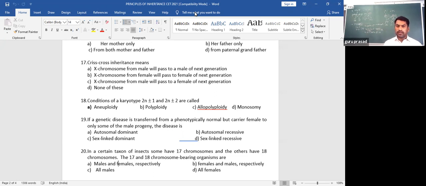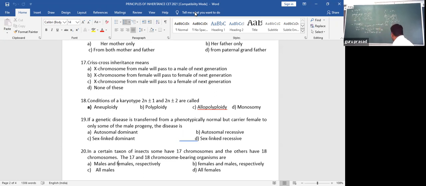Of course, there are insects where all the males have a particular number of chromosomes and all the females have a particular same number of chromosomes, or both have the same number. But in some groups of insects like grasshopper, you find 17 chromosomes in the male.